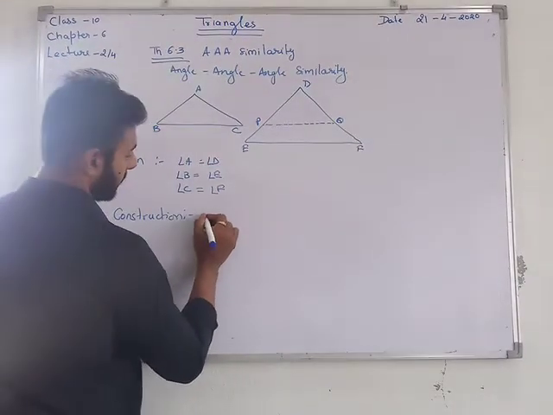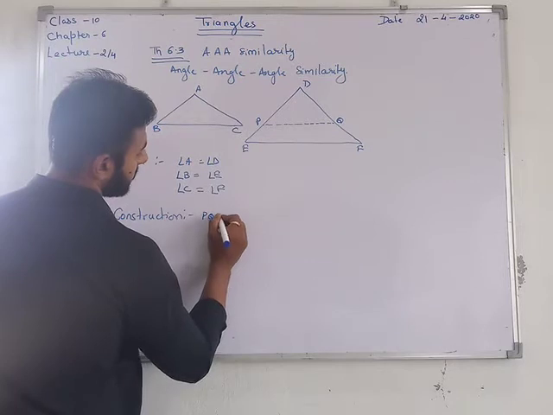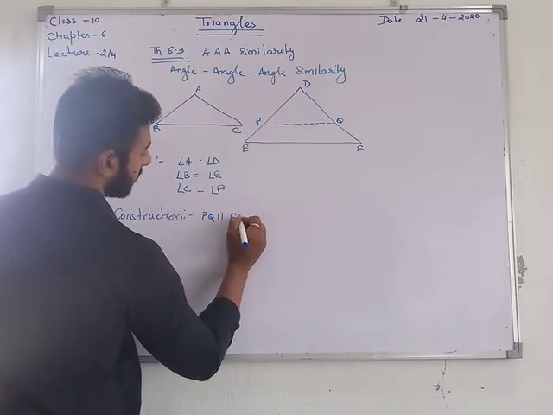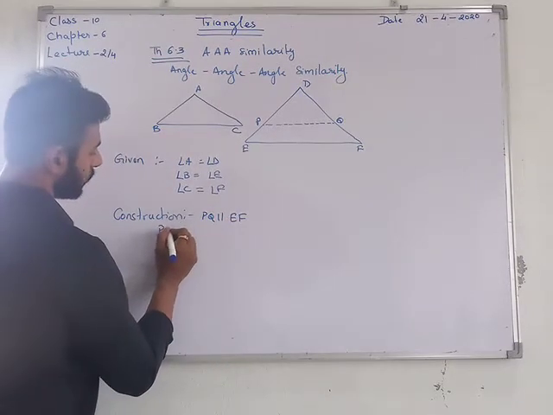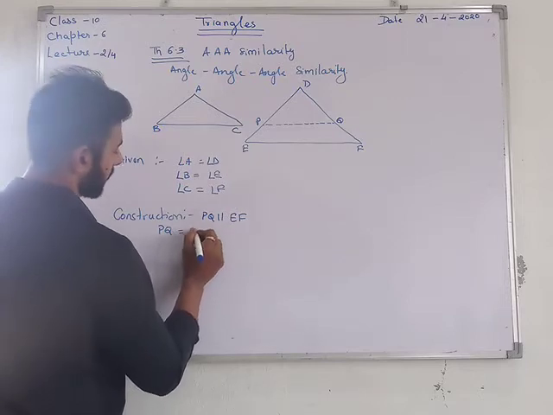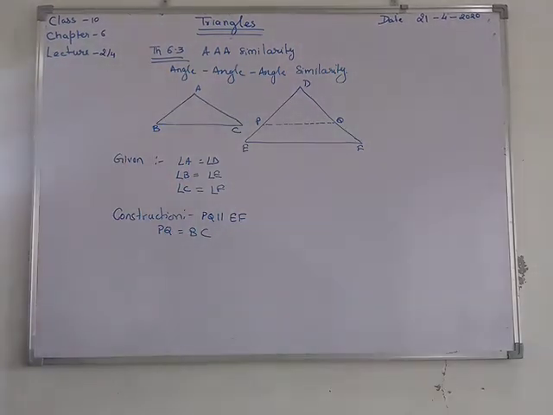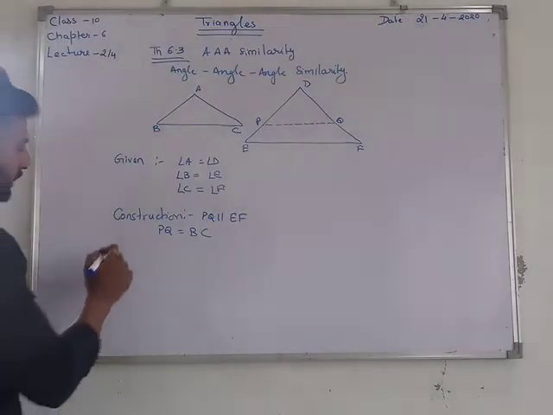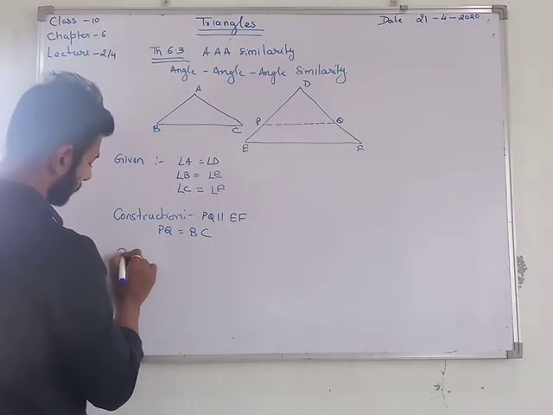Construction: PQ is parallel to EF and PQ is equal to BC. Now the proof.